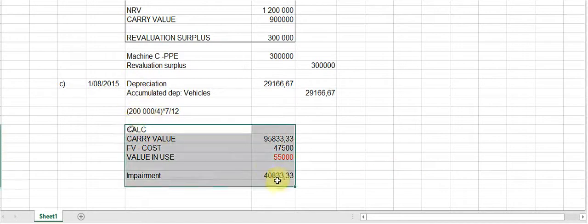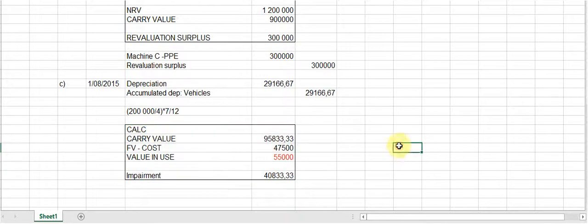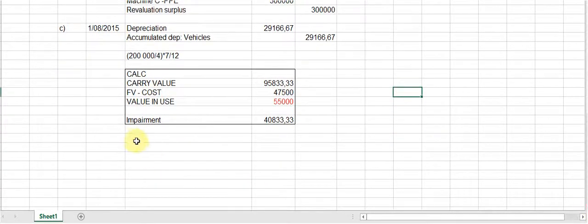So if I now have to go and book this as a journal entry, I am going to say I debit impairment losses.